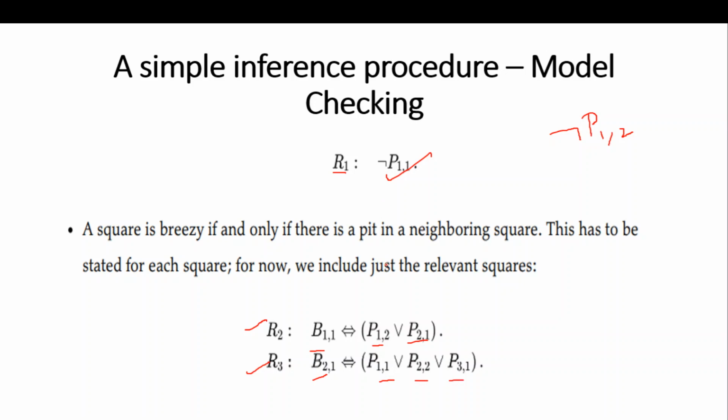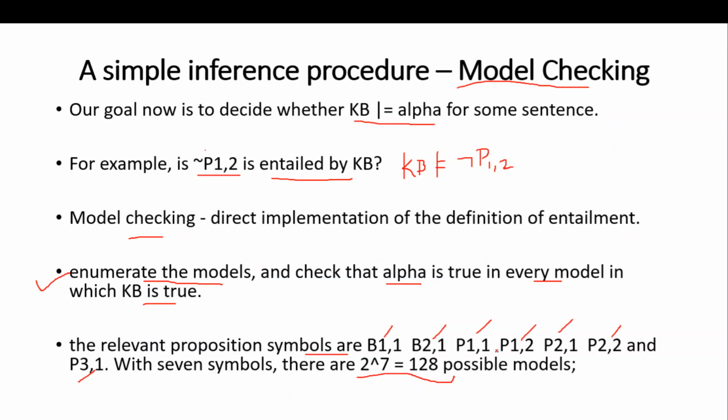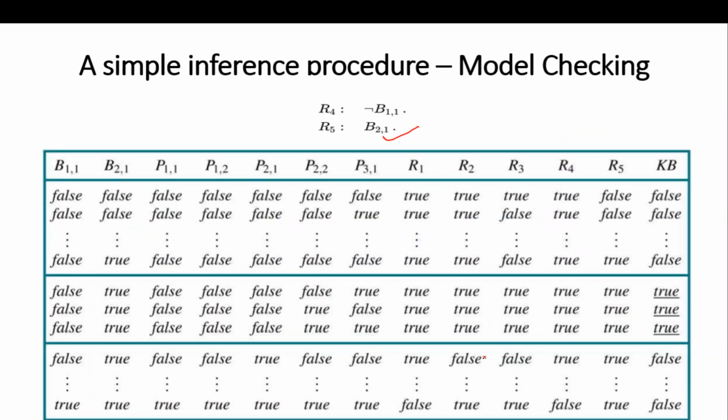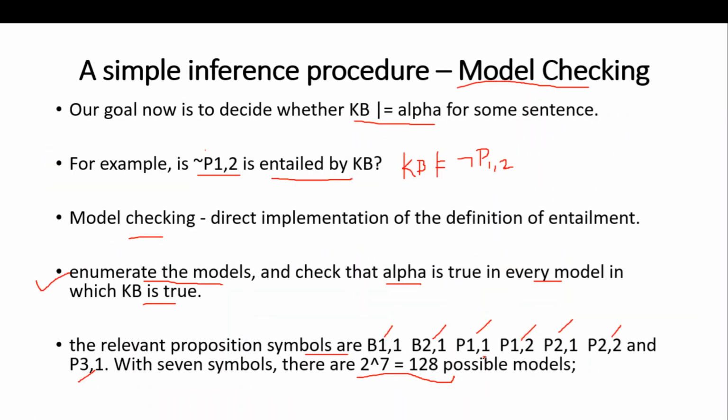P1,1 is repeating 2 times, so totally we have 7 symbols. That is how we got these 7 symbols, and these are the relevant rules. Now with 7 symbols, this many combinations are possible.